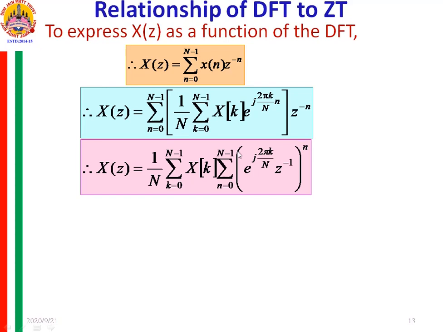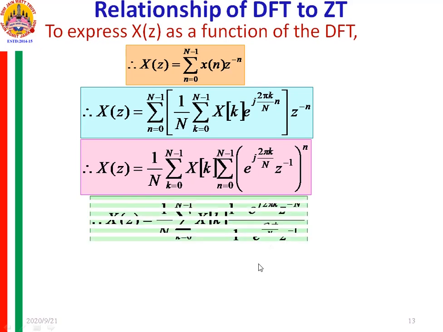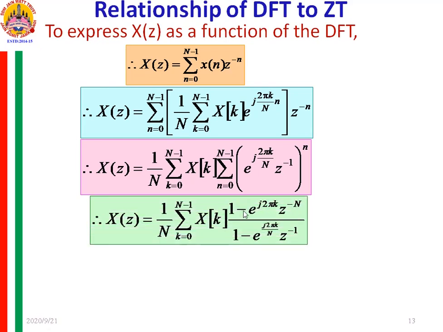So, N minus 1 plus 1 is N. Now, when you raise this bracket raised to capital N, the capital N and this capital N will get cancelled and this z raised to minus capital N you get in the numerator, and in the denominator you have 1 minus e raised to j 2 pi k by capital N into z inverse.